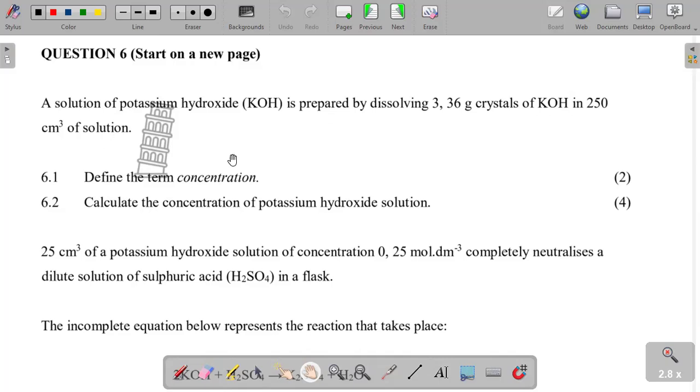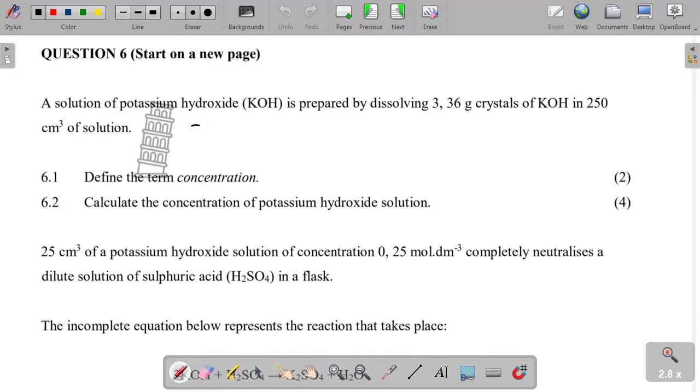So again, our volume is given in cubic centimeters, you see? So our volume should be in cubic decimeters. So what do we do? We should change the cubic centimeters here.